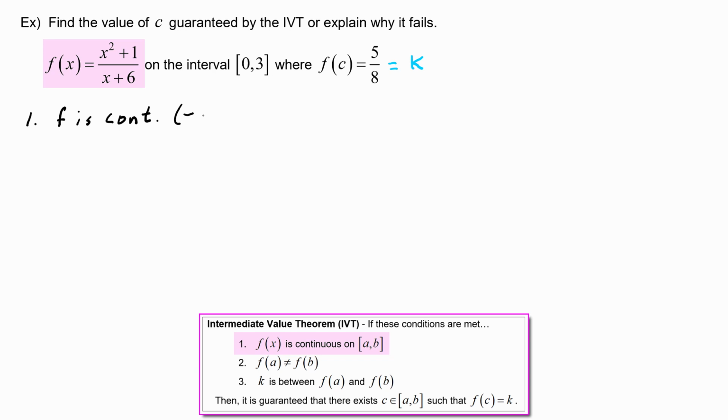So we say from -infinity to -6, union -6 to infinity. Therefore, we know that f will be continuous on a subset of this, which is the closed interval from 0 to 3.